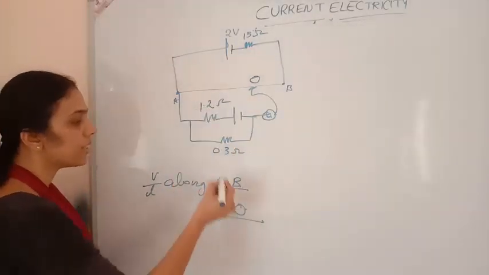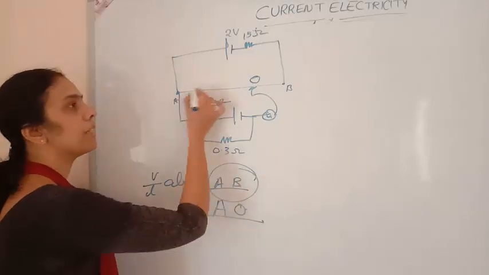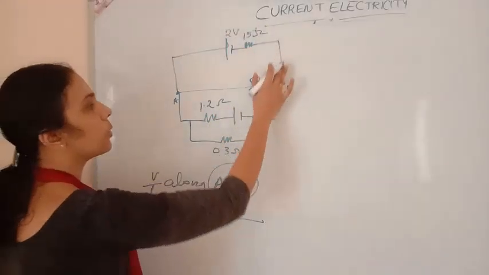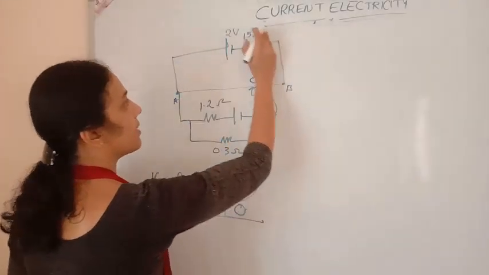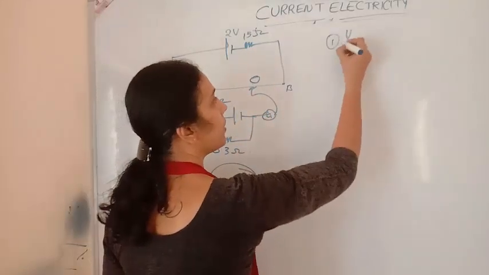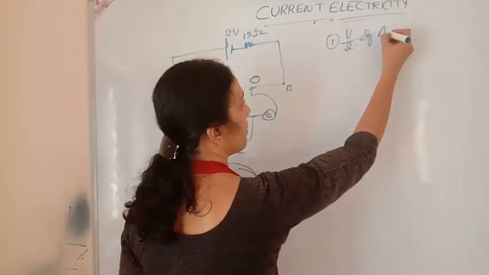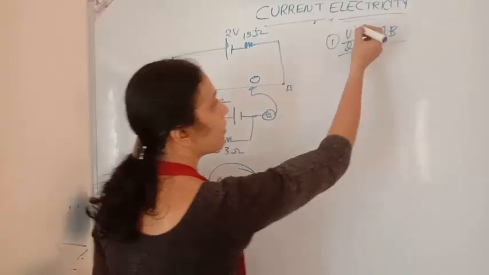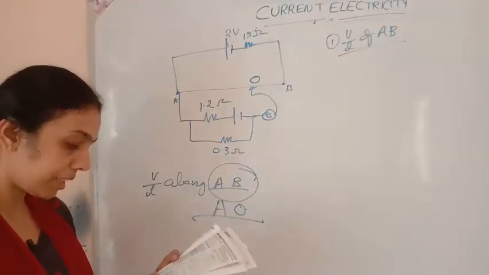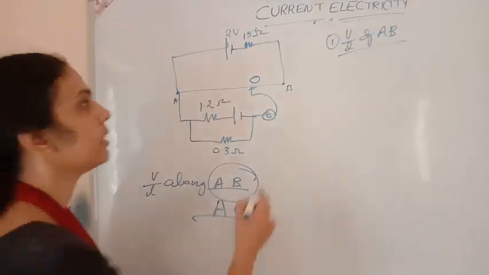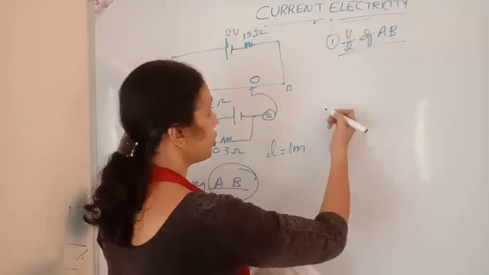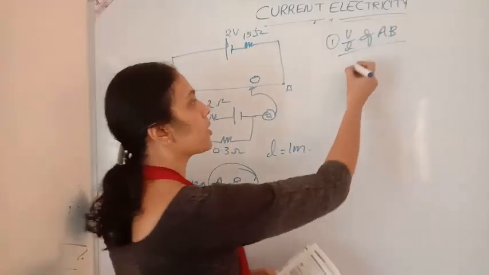Okay, we should find out the potential gradient along AB and AO. For that, first we will go for AB. AB means total length of the potentiometer wire. So this much only we will be considering. First AB, to find out V by L of AB. Length of the potentiometer wire is given as 1 meter, and the potentiometer wire has a resistance of 10 ohm.